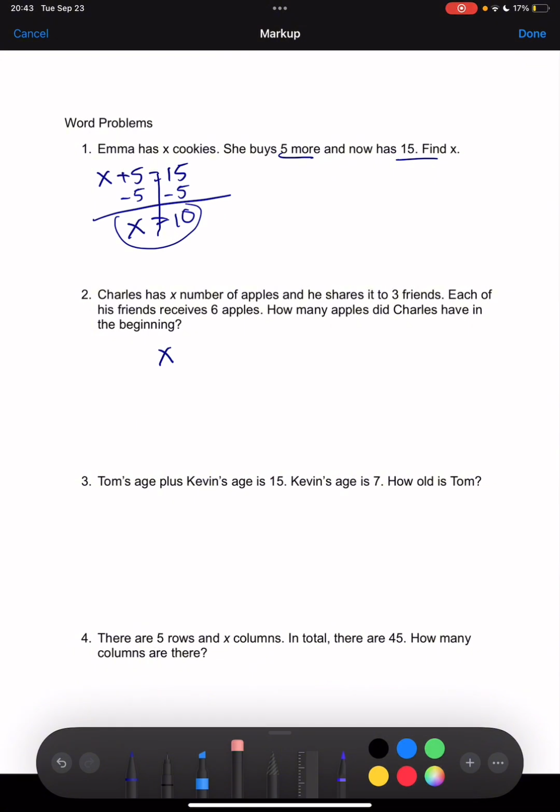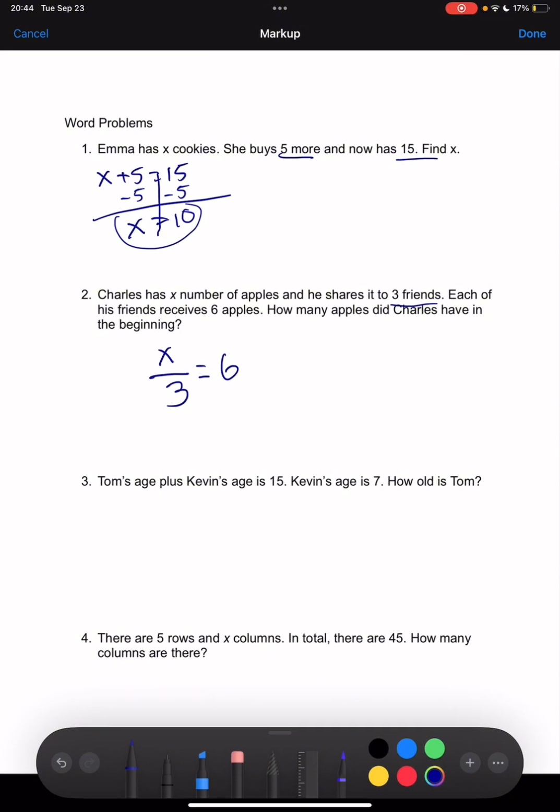So he divides that number of apples by 3 for 3 of his friends. So it's going to be x divided by 3. Each of his friends receive 6 apples. So each of his 3 friends has 6 apples. And now we just need to solve.